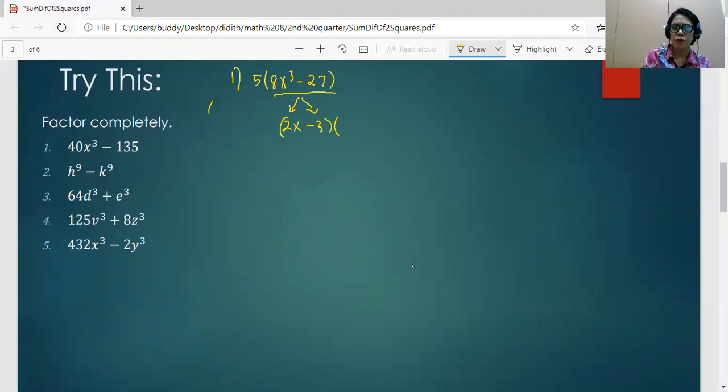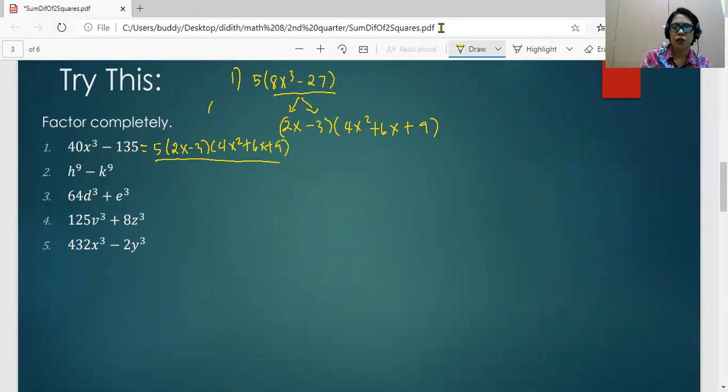And then the square of the first term, 2x, so we have 4x squared. The product of the two times negative 1, so we have plus 6x here. And then the square of negative 3, 9. So the final factors here will be 5, quantity 2x minus 3, and 4x squared plus 6x plus 9.